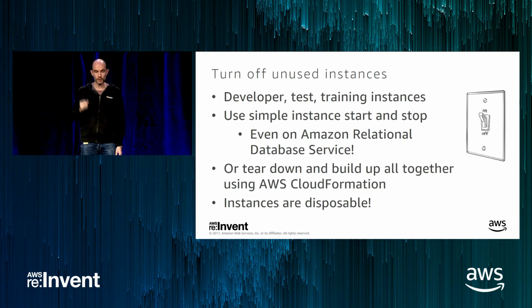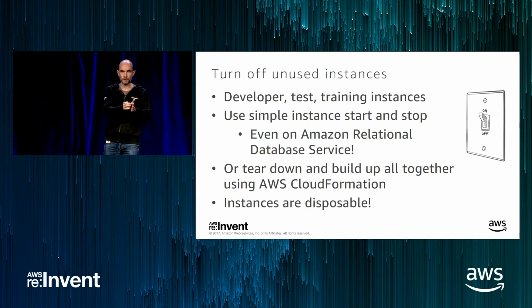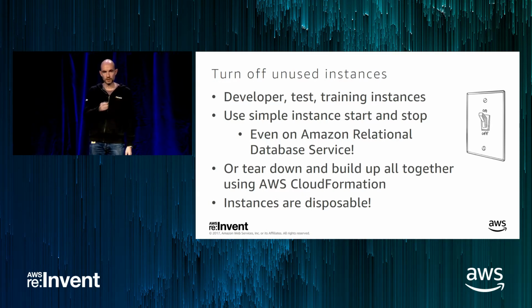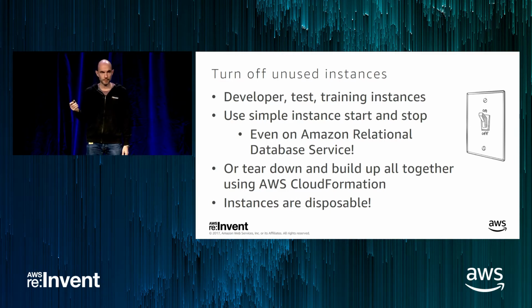And actually, one new thing that became available within the last year was that you can now start and stop RDS databases. So you don't have to stick with those databases for 24 hours, 7 days a week. If it's just a development or a testing database, you can shut it down for the weekend or during off hours.